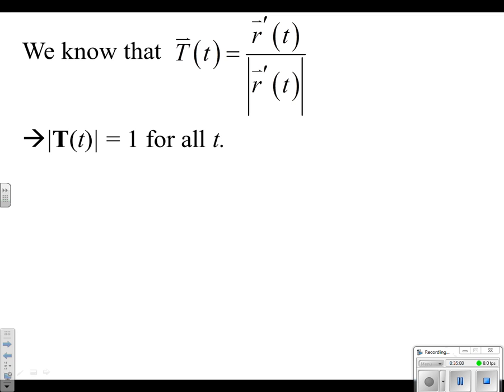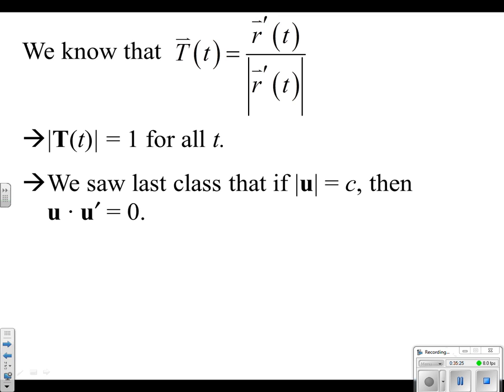Now, let's think about what we learned last class. There was a property that said that if the magnitude of a vector function was constant, then that vector dotted with its derivative was equal to 0.